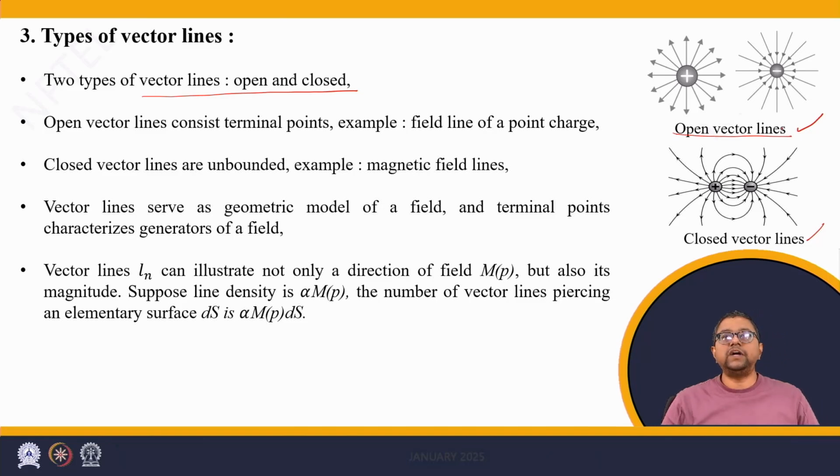First, the open vector lines have terminal points such as these points, which end on the charge itself, and they spread out to infinity. Reversing the direction of the vector field lines still makes it an open vector line because they have a terminal point.